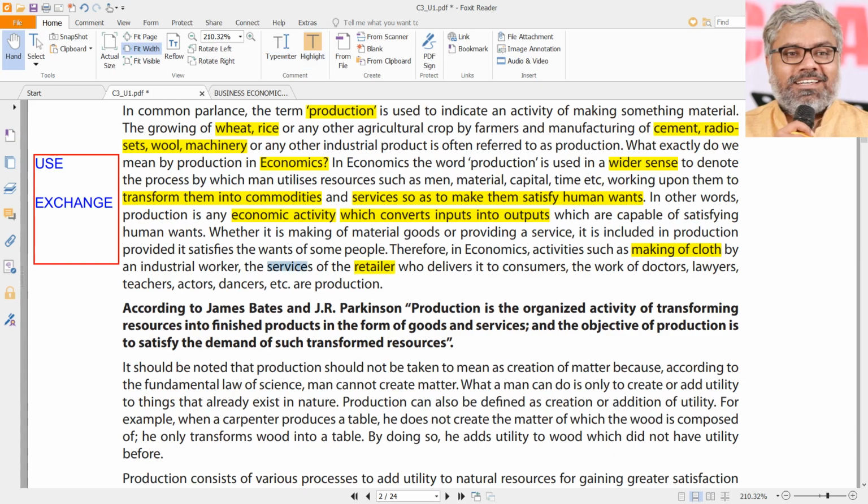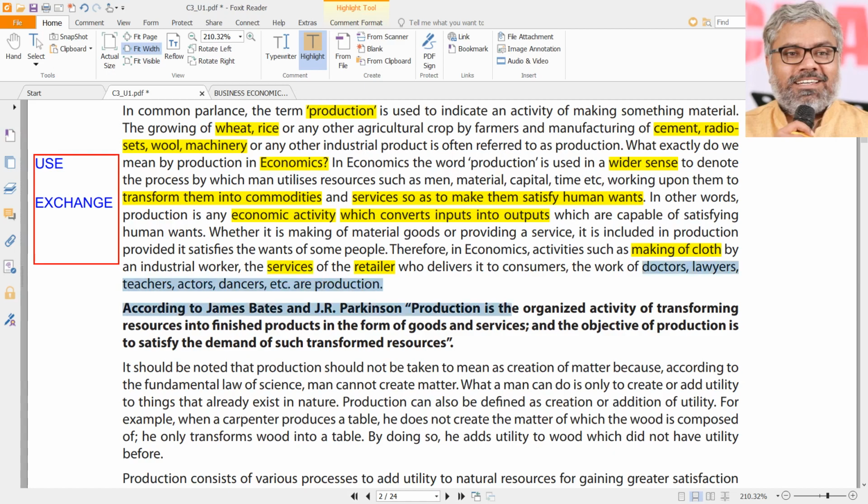Why? Because that is a service, and that service is satisfying some want of some people. That is creating some value there, and that value is what is created by the economic activity. It could be manufacturing or it could be service also. Anything is okay. Either of them is considered as production.